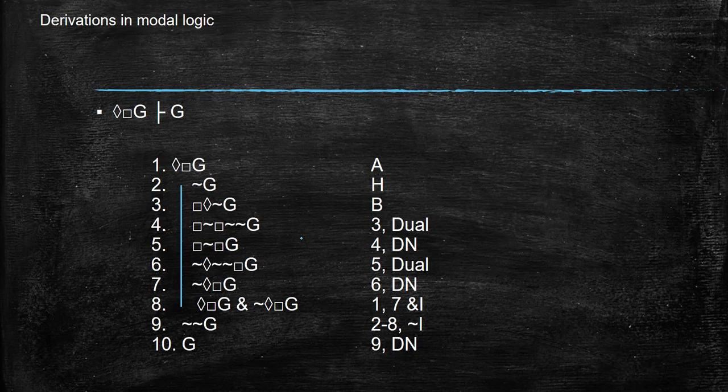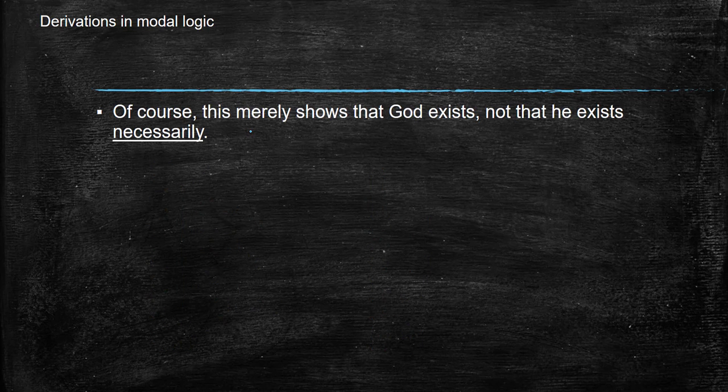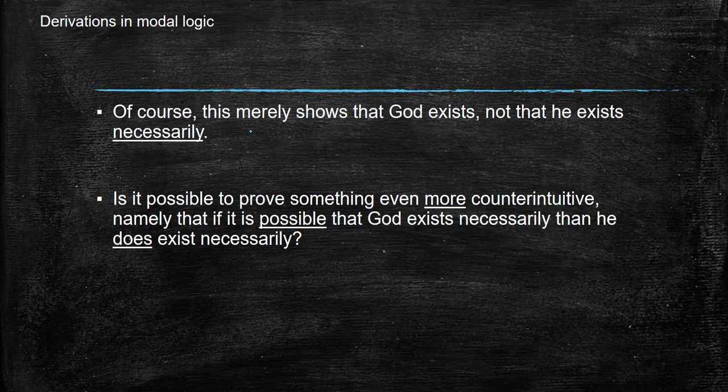That's a very straightforward proof to a pretty surprising conclusion, at least on the face of it. Of course, this merely shows that God exists, not that he exists necessarily as the necessary being that theologians have fantasized about. Is it possible to prove something even more counterintuitive, namely that if it is possible that God exists necessarily, then he does exist necessarily?